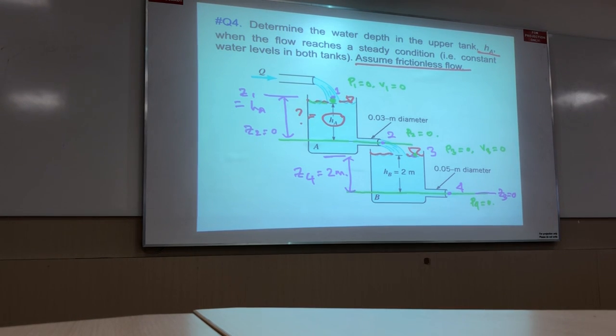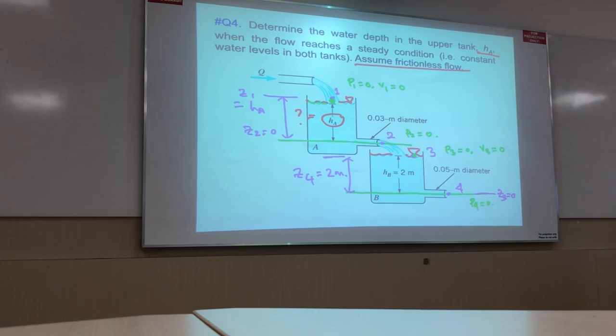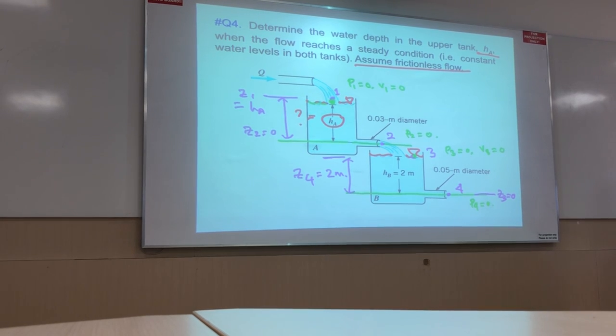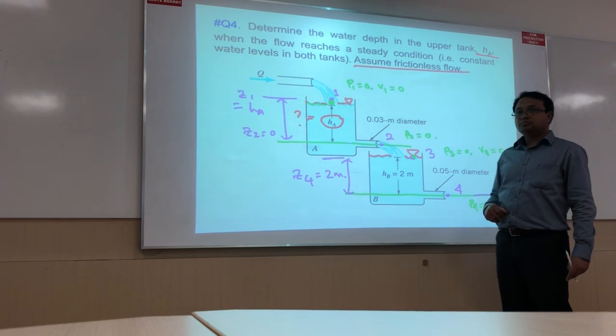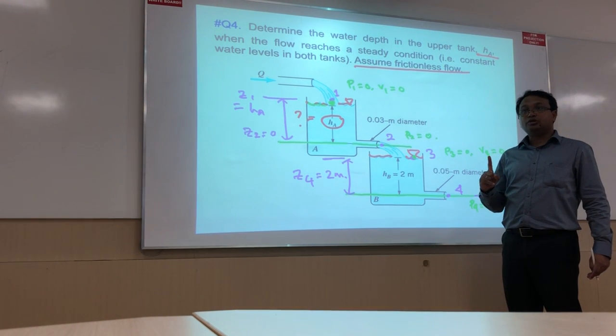So now I do my Bernoulli's equation between 3 and 4 and between 1 and 2. From 3 and 4, I can calculate the velocity. There is another condition, the continuity equation.